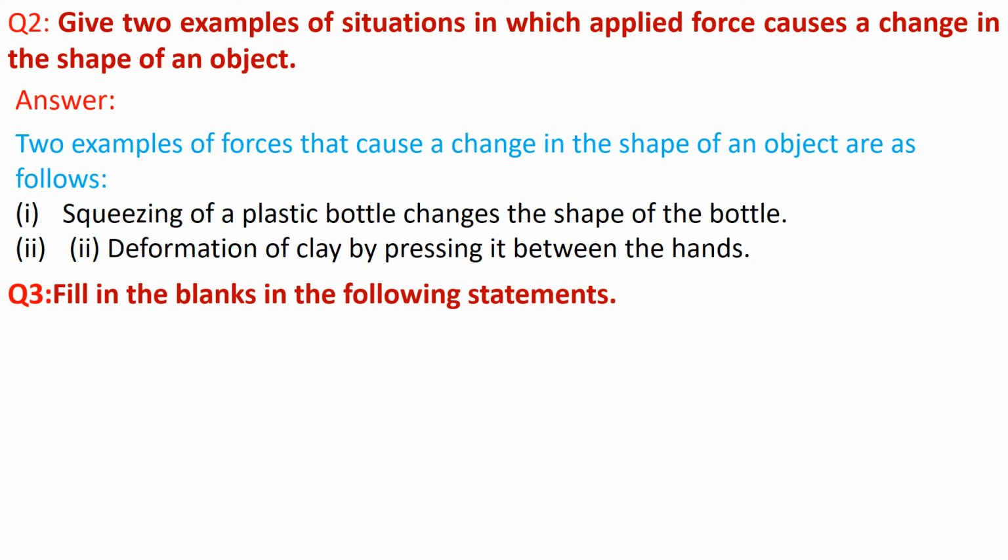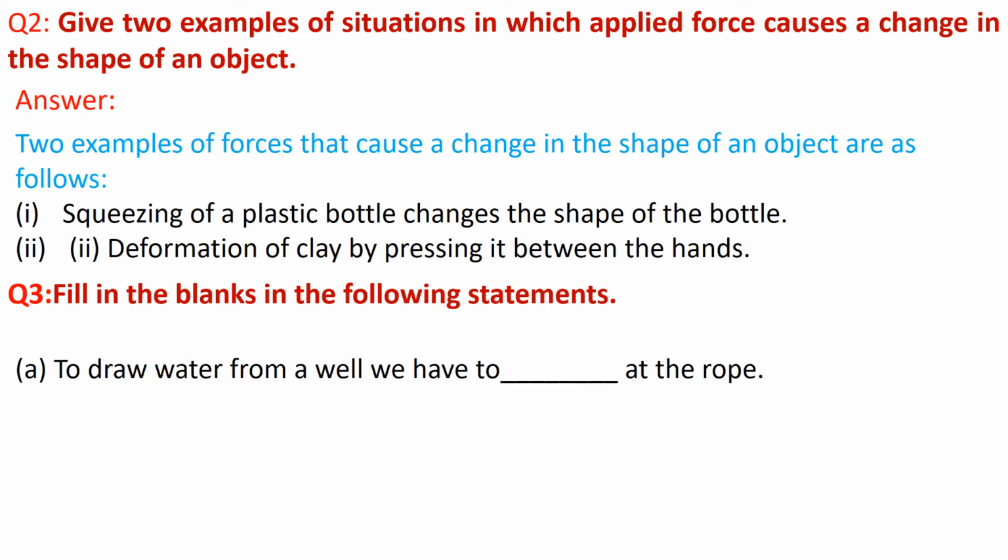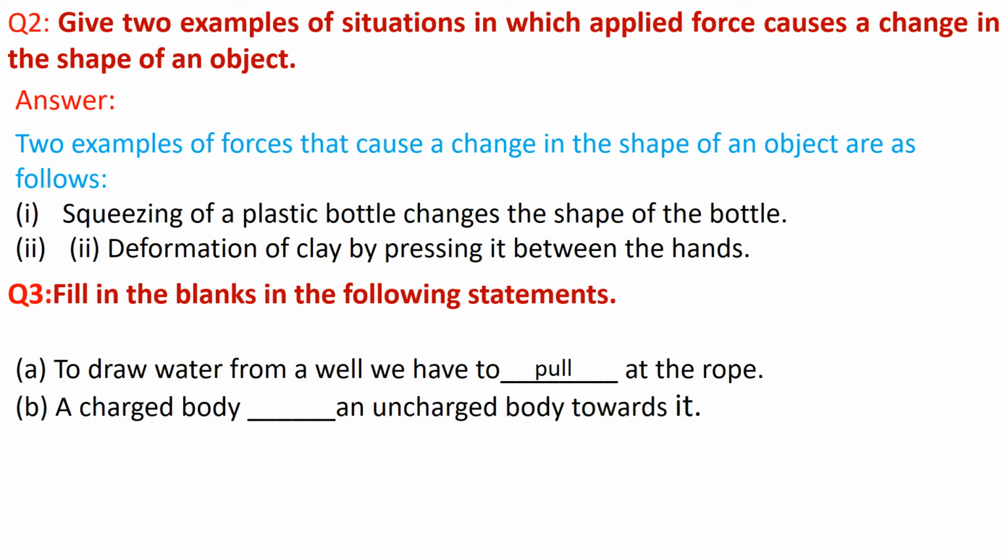Next, the third question is fill in the blanks in the following statements. To draw water from a well, we have to dash at the rope. So pull or push? It's a pull. Next question. A charged body dash an uncharged body towards it. The answer is attracts.